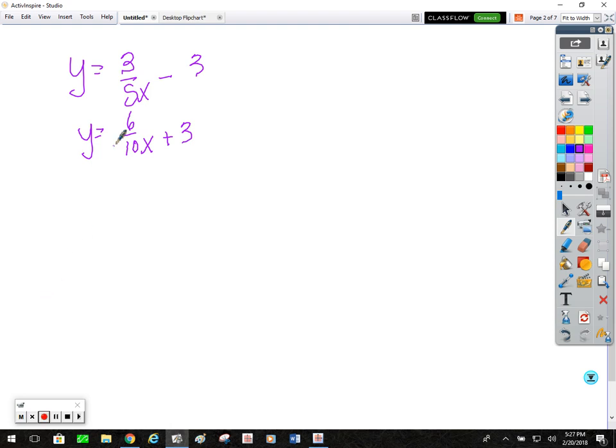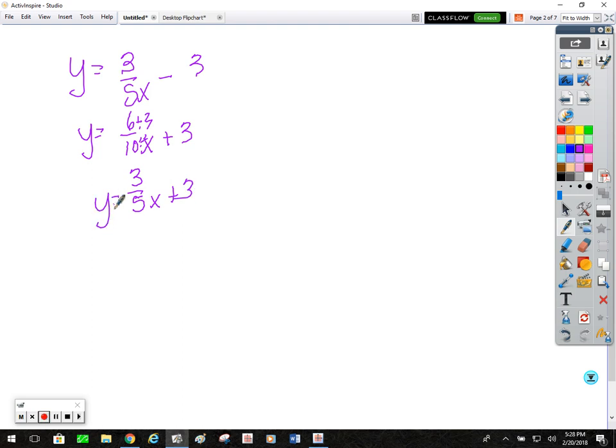Okay, well now at first glance I'm looking at 3/5 and 6/10. You might be tempted to say that this would be one solution, but remember we've always got to try to reduce this slope to the lowest form. Well, this fraction 6/10, I know I have a common factor of 2, so I can reduce that by 2. So 6/10 becomes 3/5 x plus 3.